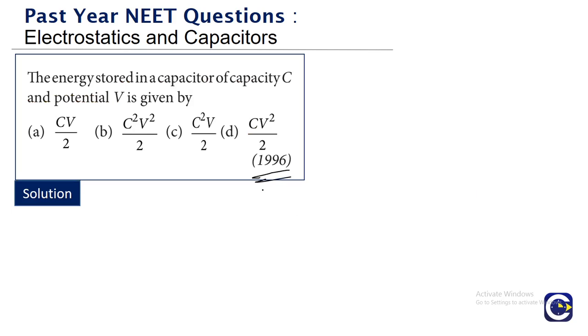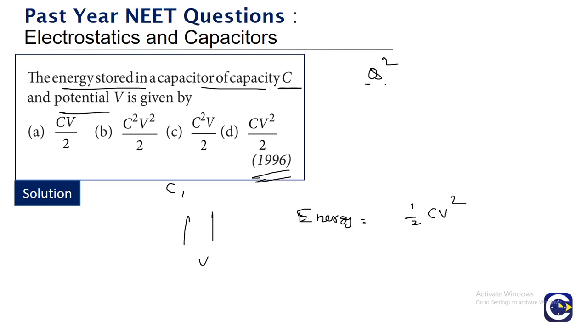Next we have another formula question as it is. Energy stored in a capacitor of capacity C and potential V. So if you have a capacitor whose capacitance is C and the potential difference across the capacitor plates is V, then energy is stored. What is the energy stored formula in terms of the capacitance and the potential difference? Half CV square. We have three alternative formulas.